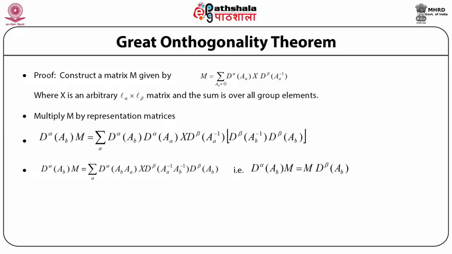Which gives me that D alpha(B) times M is equal to sum over all elements, D alpha(BA) multiplied by the matrix X multiplied by the matrix D beta for the element (BA) inverse, which also is an element in the group, times the matrix D beta(B), which then means that D alpha(B) multiplied by M is equal to M times D beta of the same element B.